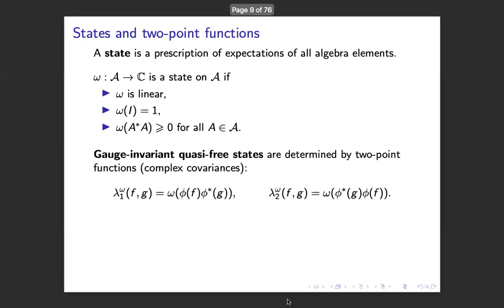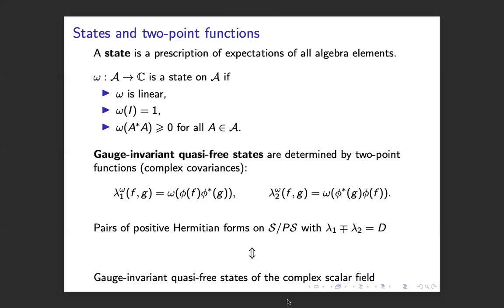But people do construct interacting field theories in algebraic form perturbatively. I think there might be additional conditions that you need besides this. Okay.